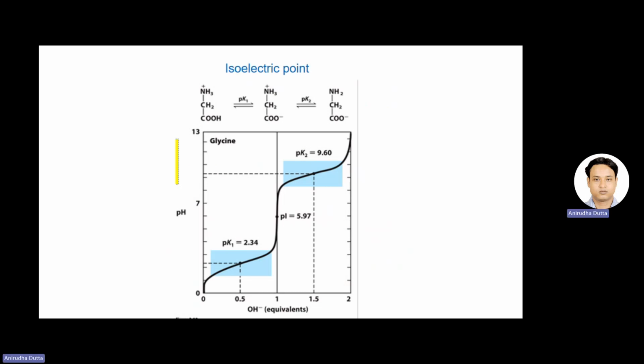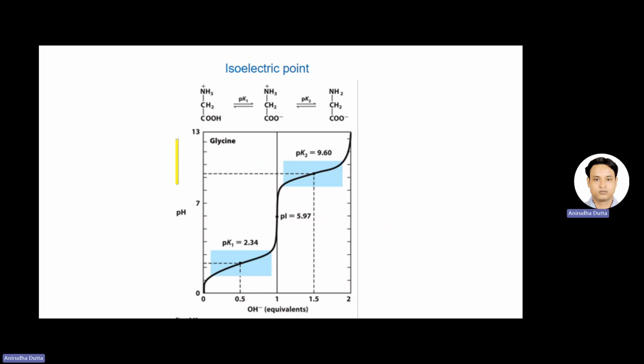If the charge of the protein is 0, then there would be more interaction between protein molecules, and there is more possibility that the protein molecules may aggregate and get precipitated from the solution. So we have to make sure that we don't keep the protein at its pI.